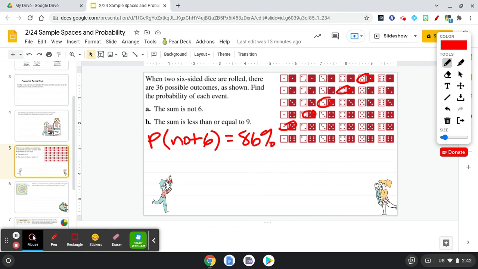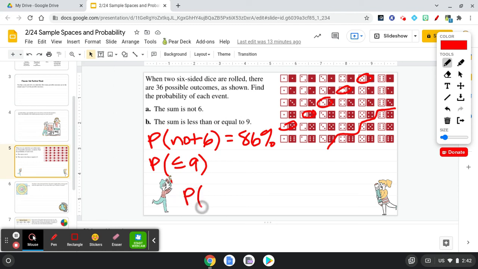The sum is less than or equal to 9. Probability that we have less than or equal to 9. So how many things? Let's see, here's the 9s. So there are 6 things that don't qualify.